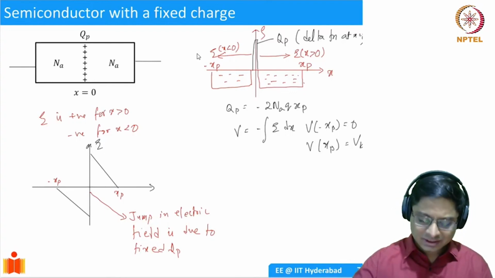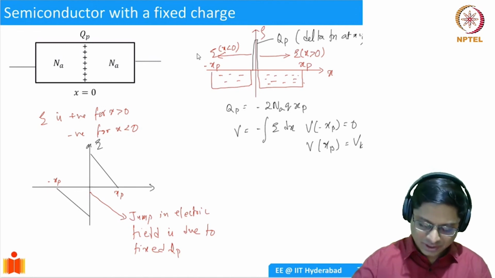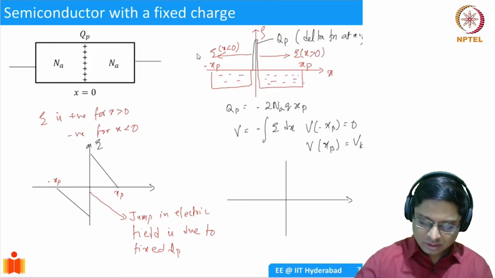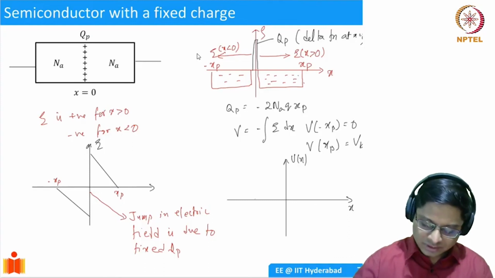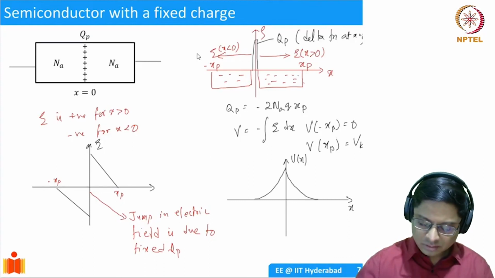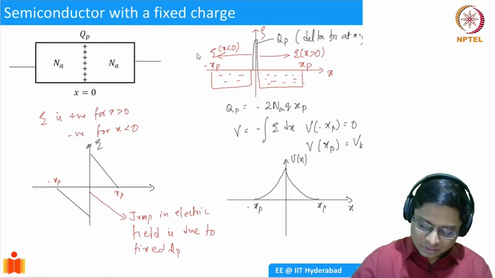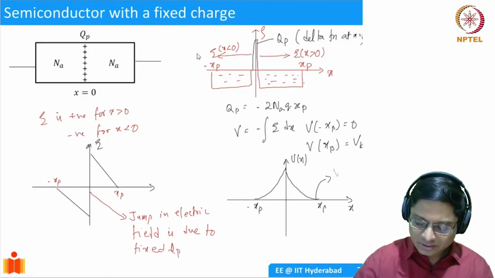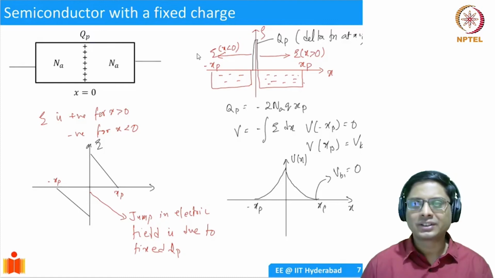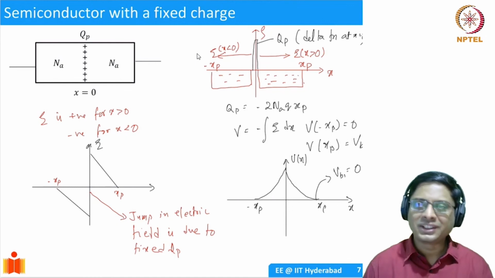You will see that since the electric field is linear, the potential is going to be quadratic, and the built-in potential is going to be something like this. This is minus xp and this is xp. So at x equal to xp, this vbi is 0 in this case. There is no built-in potential as such. But there is an electric field that forms in the depletion region.